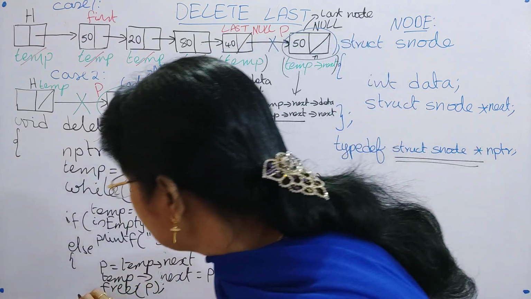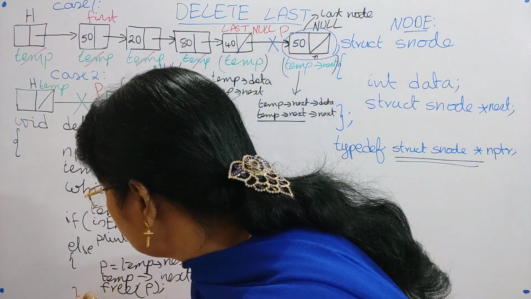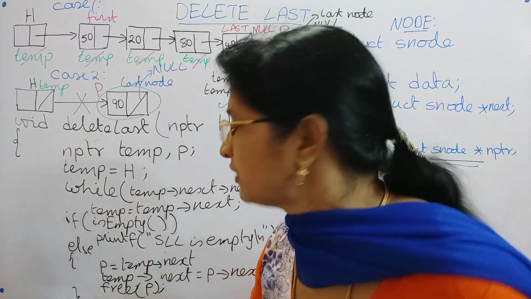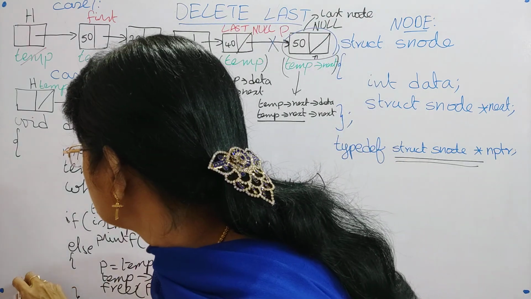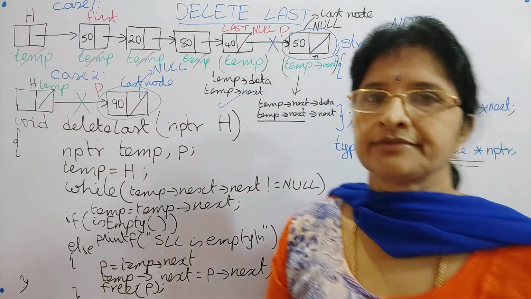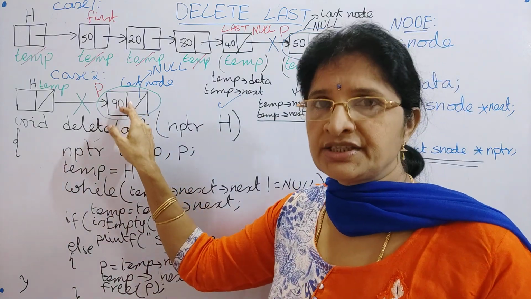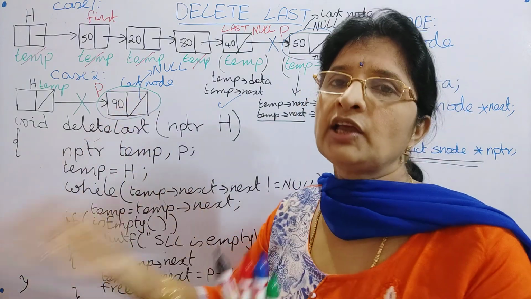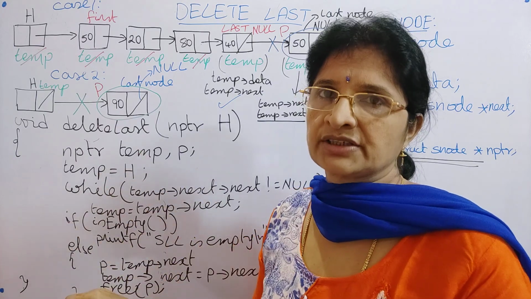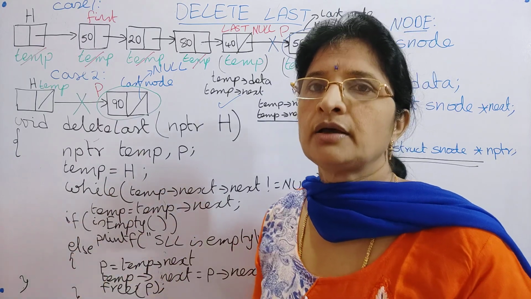This is the closing brace of this else, and this is the closing brace of the function. So the memory that has been allocated at the time of insertion will be deallocated in the delete function, because here we have deleted the node.